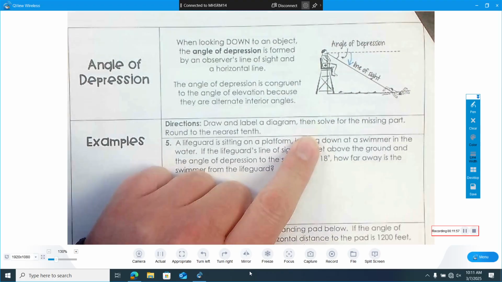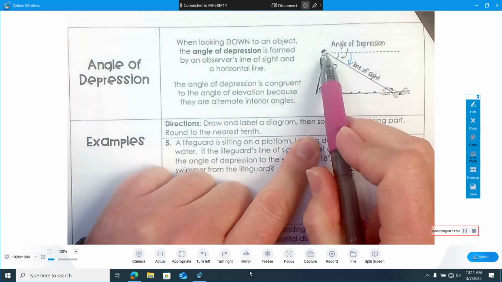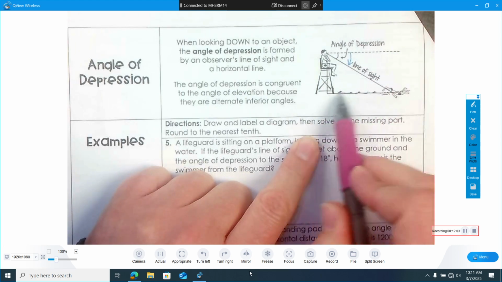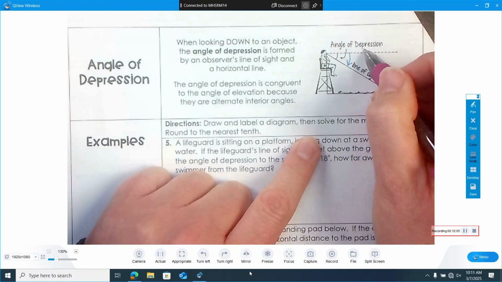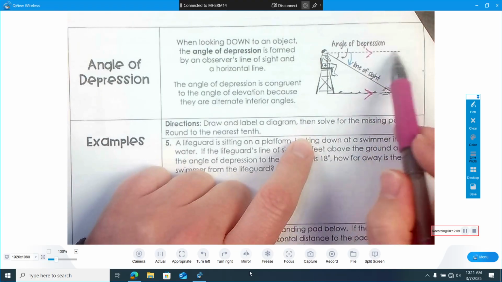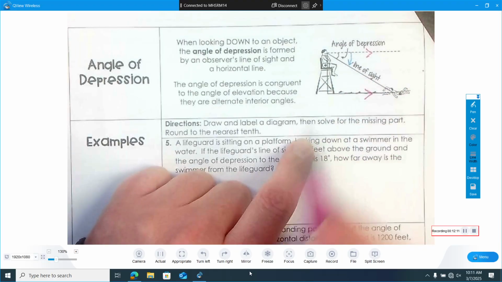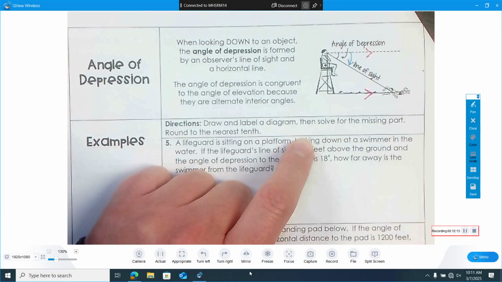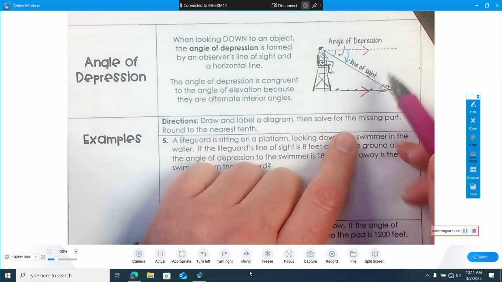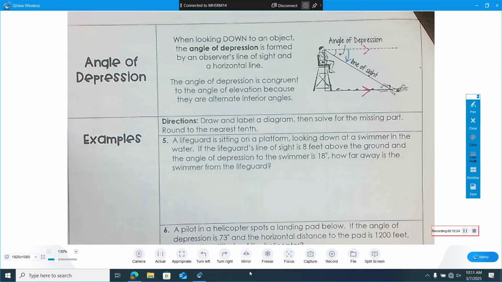Normally, you're looking straight ahead. Well, that line of sight that's normally horizontal is typically parallel to the ground, okay? So what you can look for oftentimes with angle of depression is alternate interior angles, okay? So that's something we're going to pay attention to. All right, we will point those out in just a bit here.